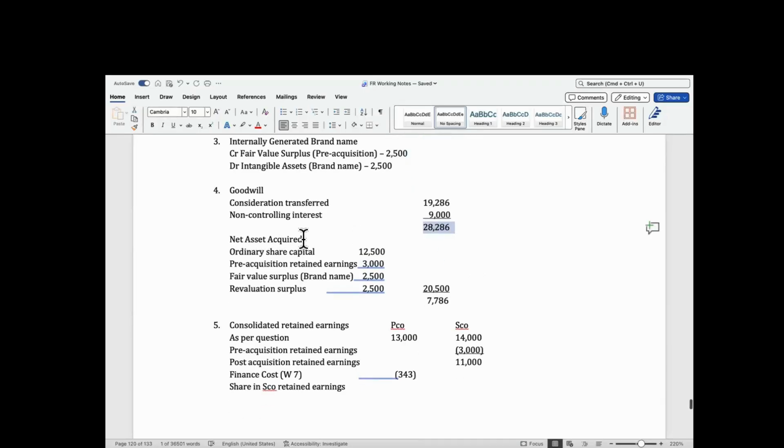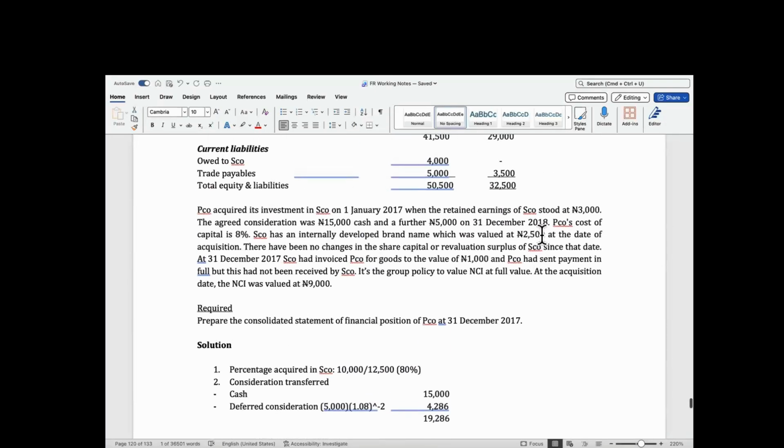Cancel it out against the net assets of the subsidiary by looking at the share capital of the subsidiary, which is 12.5, plus the retained earnings of the subsidiary, which is the pre-acquisition retained earnings, as given here, 3,000.